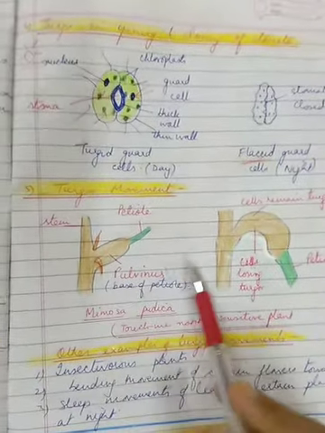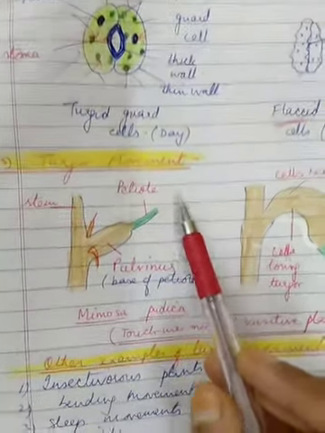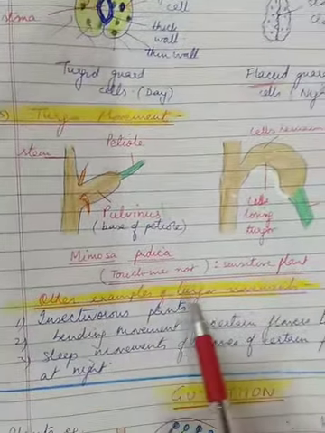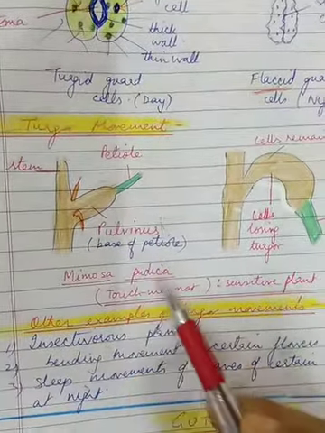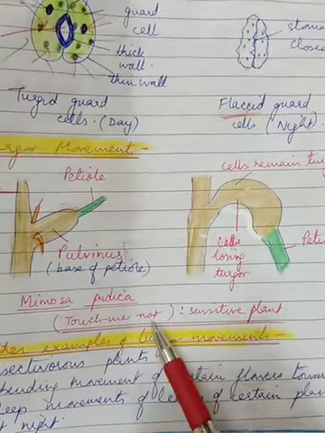Coming to the fifth and last use of turgidity is turgor movement. Right? What is a turgor movement? It is a movement, for example, something like this. Number one, there is a sensitive plant called Mimosa pudica, or the touch-me-not plant.